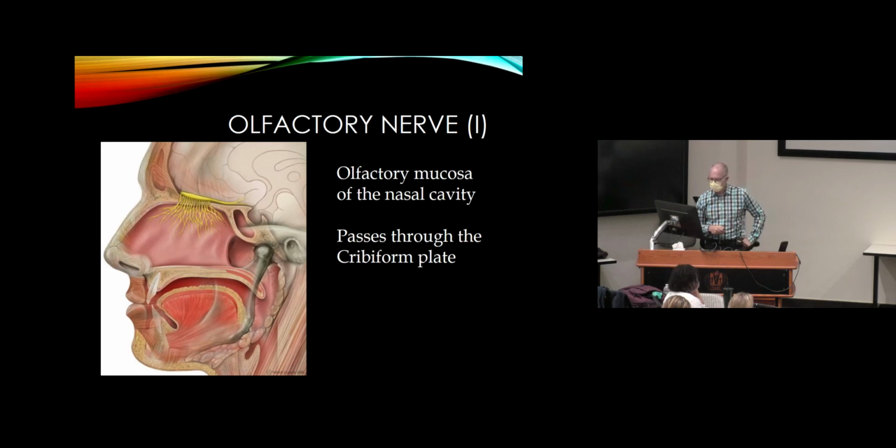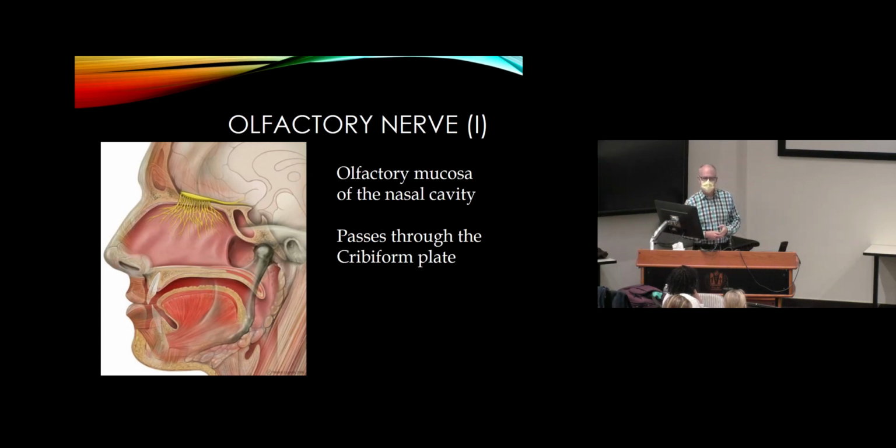Okay, so the olfactory nerve, we'll certainly spend the least time on this. The olfactory nerve fibers are actually found here in the nasal olfactory mucosa, okay, in the nasal cavity. And they have to pass through the cribriform plate here into the olfactory bulb, and then here is the olfactory tract. So that's really important. What's one of the most common causes of loss of smell?